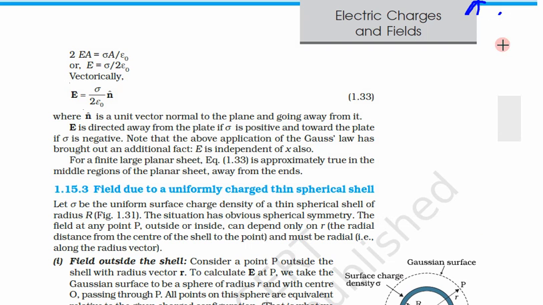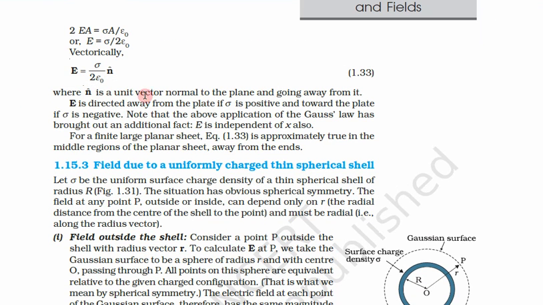Now let us read something about this. n is a unit vector normal to the plane and going away from it. So what is n? This is our sheet, and n is the normal vector. On this side the normal is in this direction, on that side the normal is in that direction, but going outwards, going away from it. E is directed away from the sheet if sigma is positive.